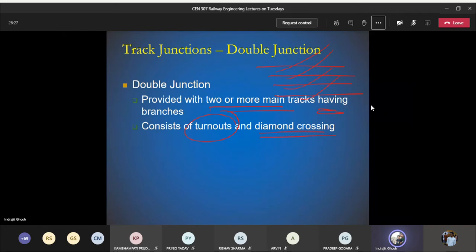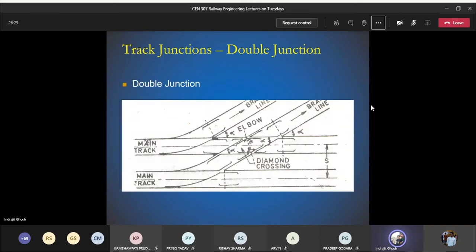Okay, so let us see a photo. Here we have one main track. Here we have another main track. We have a turnout, and another turnout. Now when this turnout is going to lead to a branch line, you can see there is formation of a diamond crossing in this location.